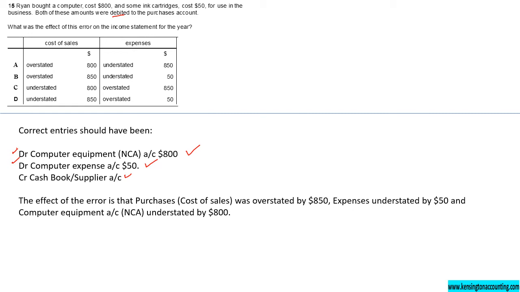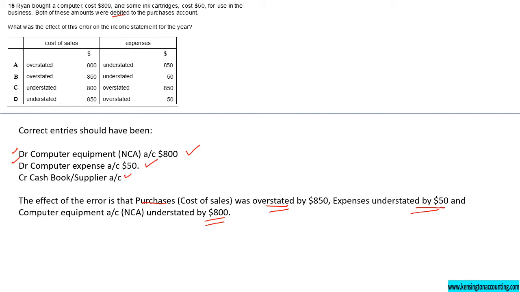Therefore, the effect of the error is that the purchases account would be overstated by 850, and the expenses account, instead of debiting 50, there was no entry made. Therefore, the expenses account would be understated by $50. And the computer equipment account obviously has been understated by $800 because no entry was made. Now the question is the effect of the error on the income statement.